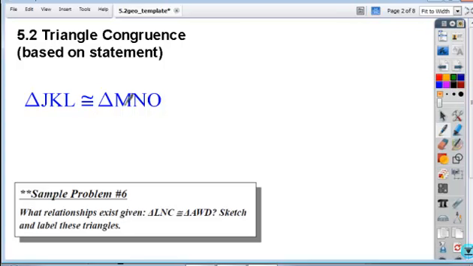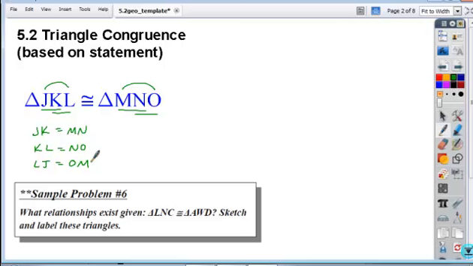Given this congruent statement, side JK is the first and second letter, so we take the first and second letter MN. KL is the second and third letter, so distance KL is equal to the second and third letter NO. And finally, LJ is the first and last letter, so it's going to equal OM.